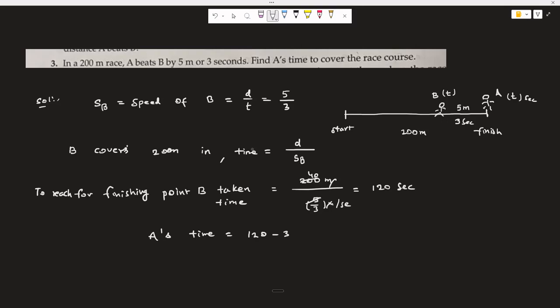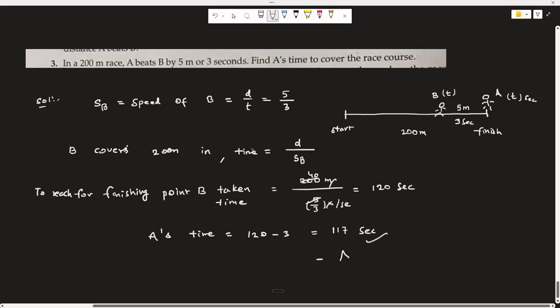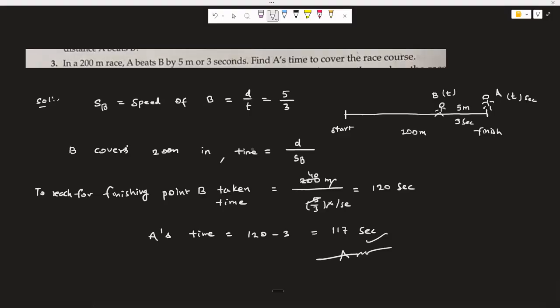Before means the time will be decreased by 3 seconds. So, of course, it will be 117 seconds, which is the answer to this question. A's time was 117 seconds. Got it?